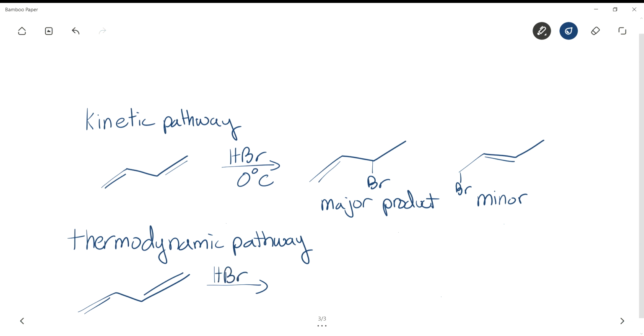Okay, so anything above room temperature will be something that I would consider adding heat. And so let's say we do 60 degrees Celsius, which is significantly higher than room temperature. And so what you're going to see is that 1,2 is going to be your minor, and then the 1,4 will be your major.